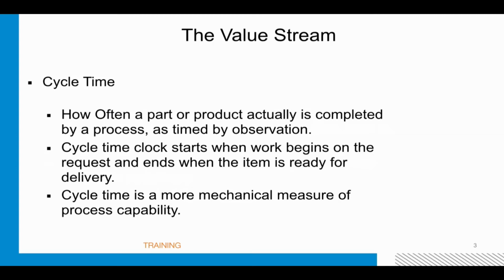Basically, cycle time is how often a part or product is completed by the process, as timed by observation. The clock starts when the work begins and ends when the item is ready for delivery. Cycle time is the more mechanical measure of the process capability.